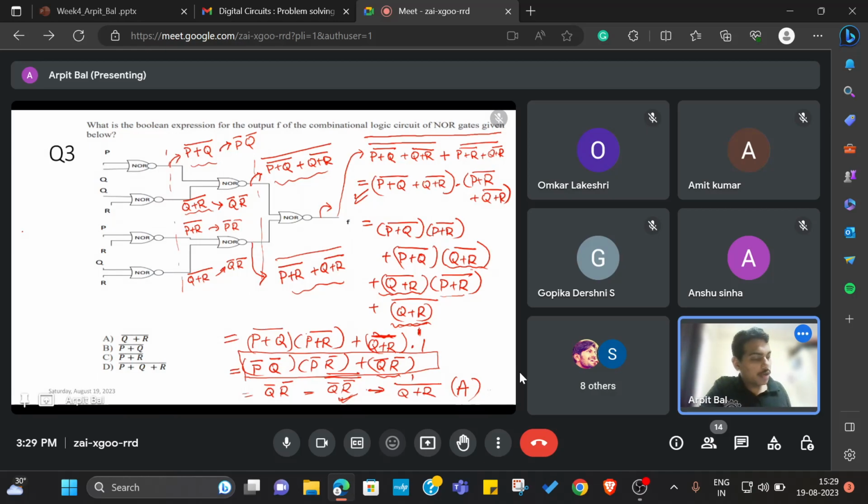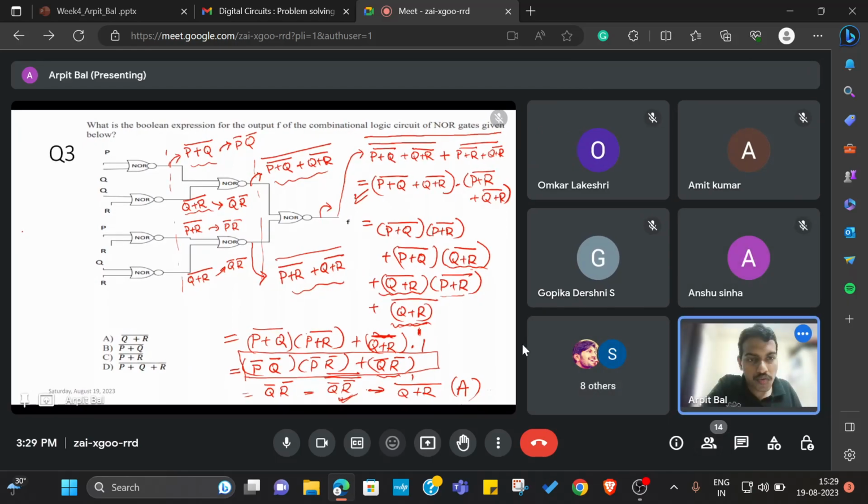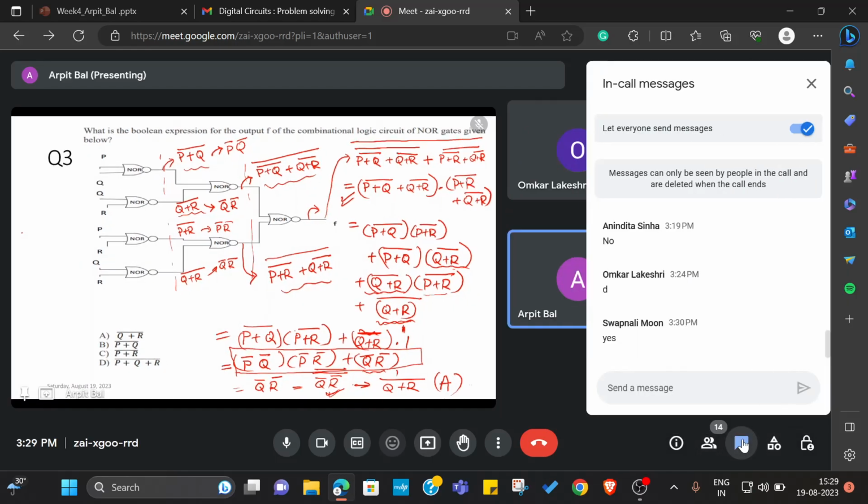Okay, so I hope these two approaches are clear for everyone. Is this particular question clear? Does anyone have any doubt in this question? Yeah.